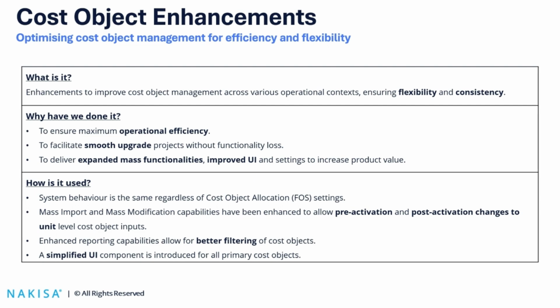So the new feature enables the user to modify the cost object not only before the lease activation, but also after the activation, the post activation. The functionality is also valuable for scenarios where there is a need to reallocate cost due to organizational restructuring or changes in the financial management strategies. So you can easily switch between the cost object to WBS and vice versa.